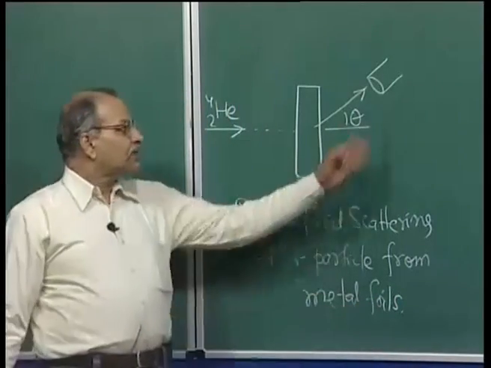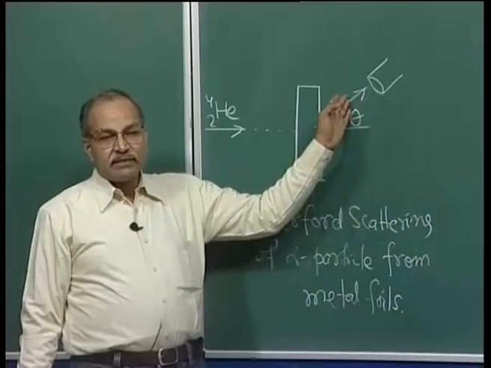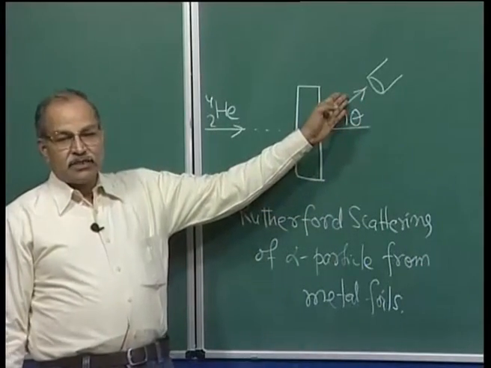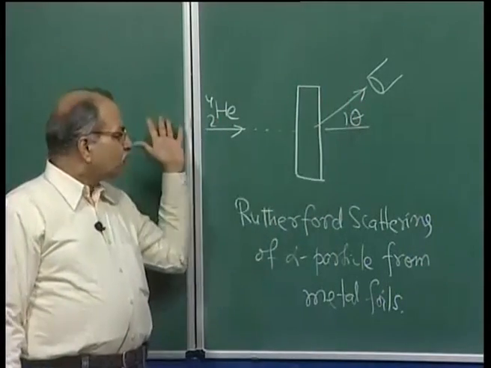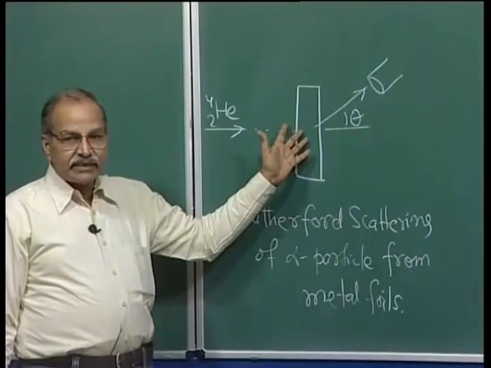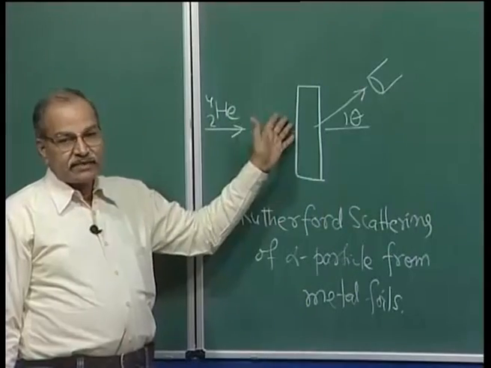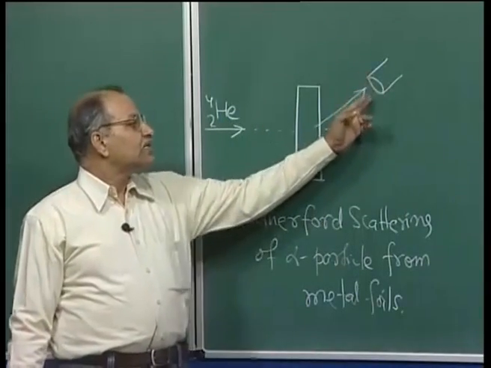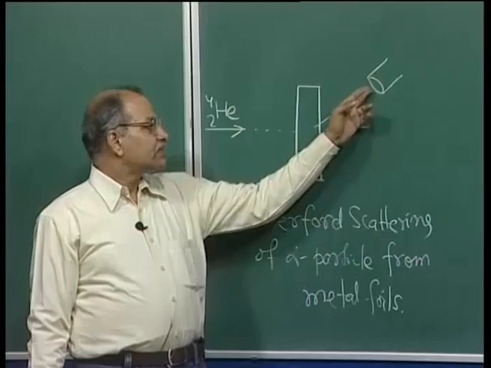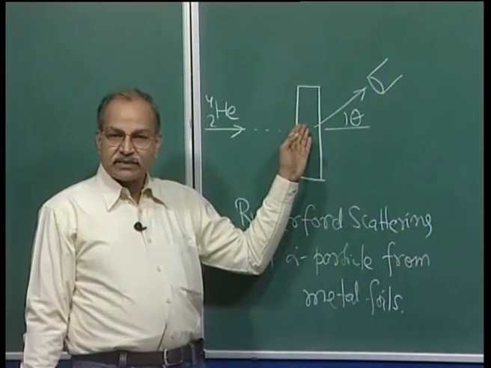So, the number of particles which are detected at a particular scattering angle theta will depend on the number of particles that are falling on the target in that time, the number of target nuclei with which it is interacting, what is the solid angle subtended by this detector here, all those things.